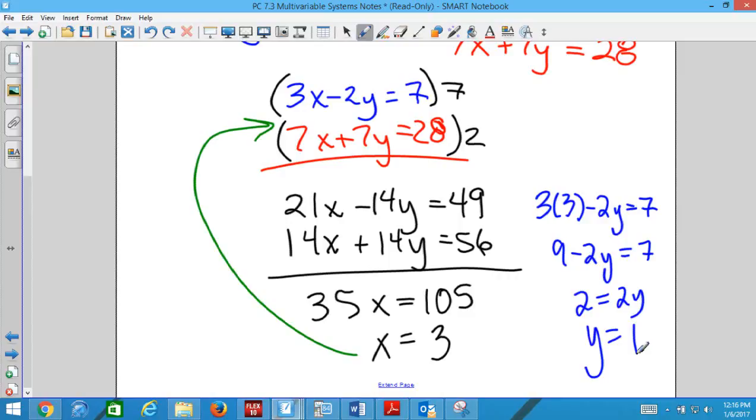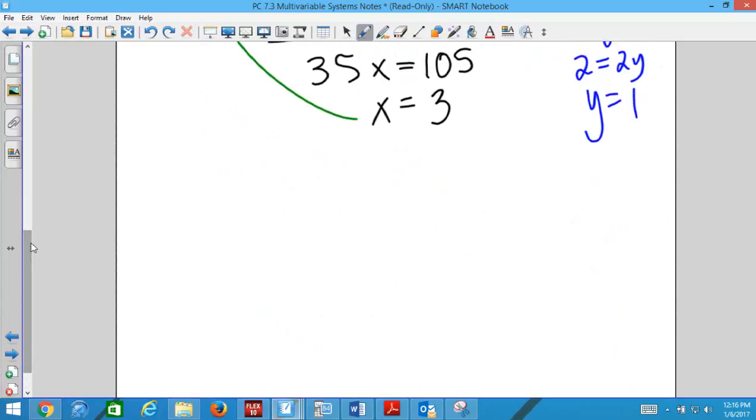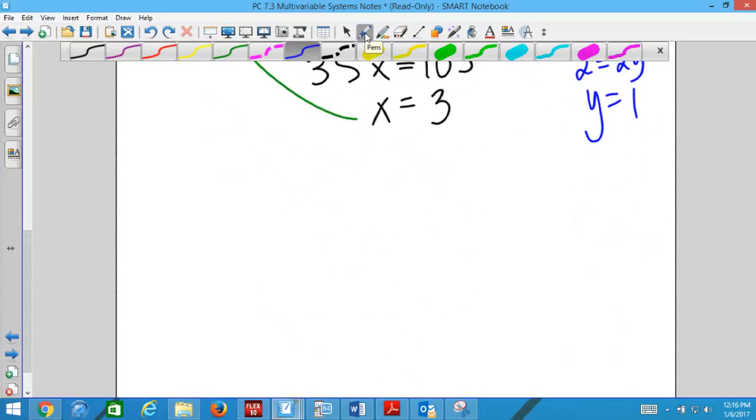And then if I know what x is and I know what y is, we're going to go all the way back to the beginning and we're going to plug it in. You guys can see the equations. I can't. I have to keep scrolling, so I'm just going to scroll it down and use my notes.